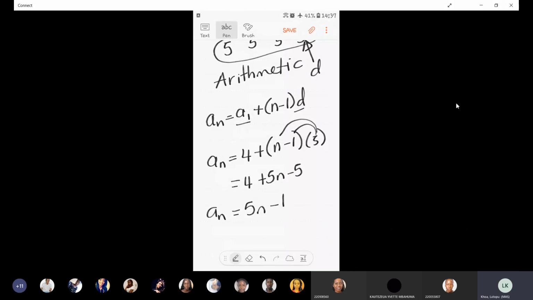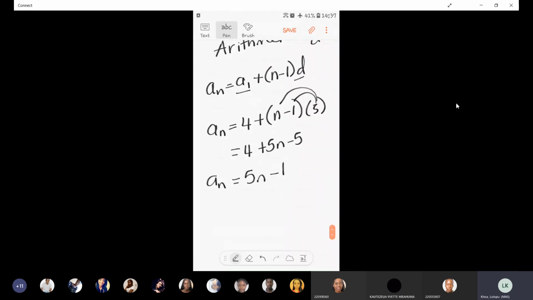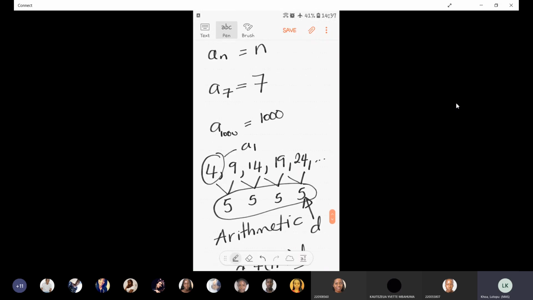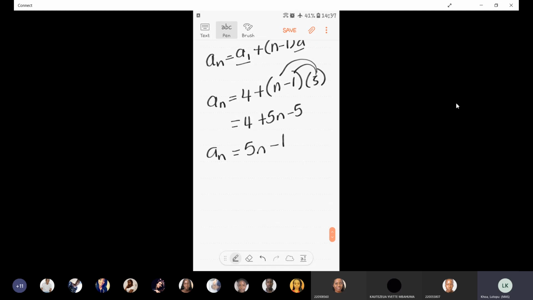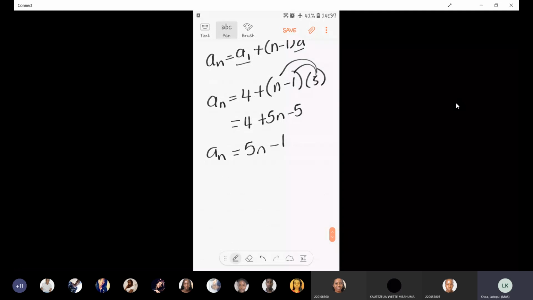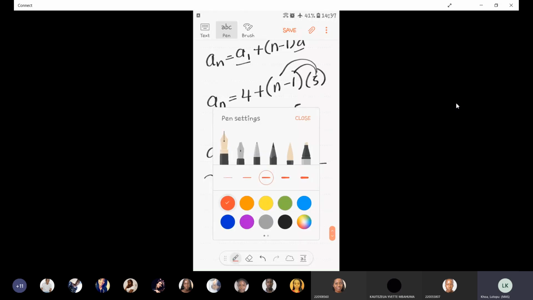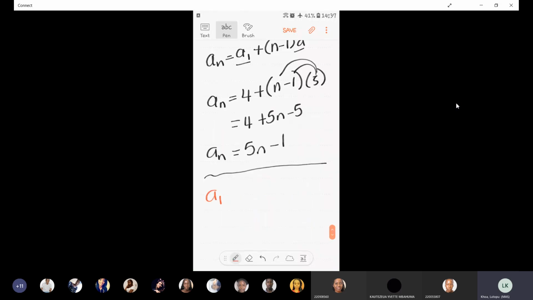And then I can always test it to see if it does in fact work. I have the first 1, 2, 3, 4, 5 terms. I can substitute n equal to 1 to 5 into this equation and see that do I really get back the sequence that I was given. So here, this is me just testing it out. If I want a_1, this is 5 times 1 minus 1. 5 times 1 is 5 minus 1. This is 4, and that is the first term in our sequence.